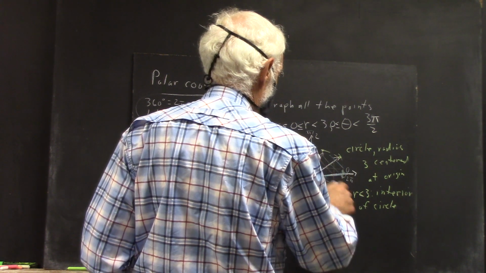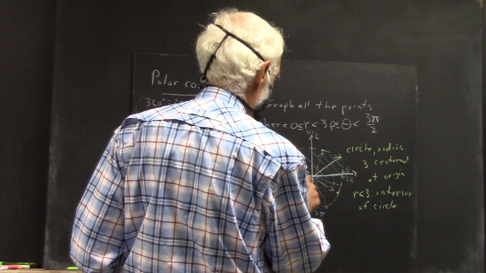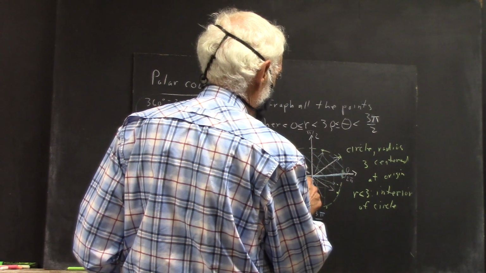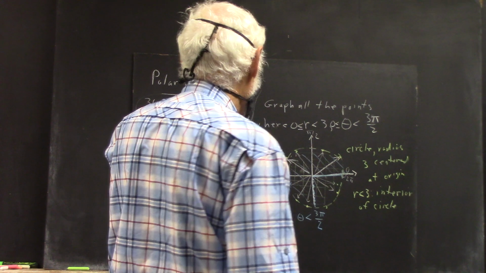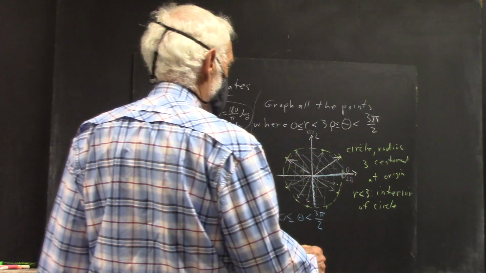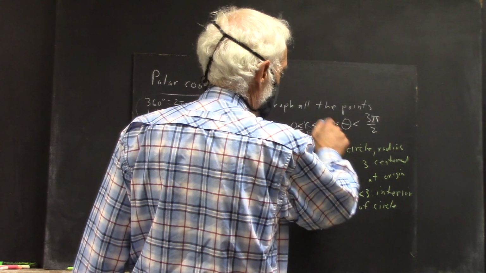Let's just shade it diagonally. And be really careful. Okay, it's this region, right? Now, actually, the region where theta is less than 3 pi over 2 extends all the way out here.